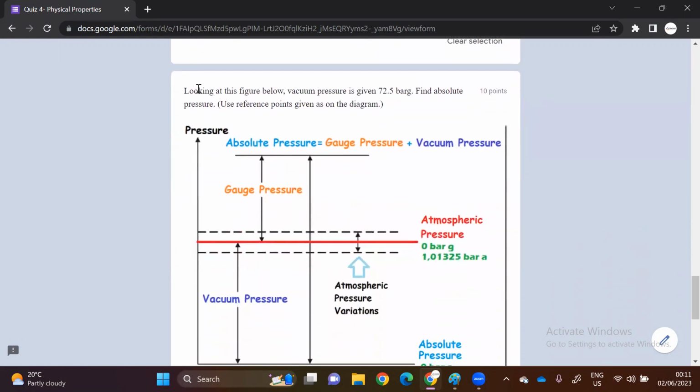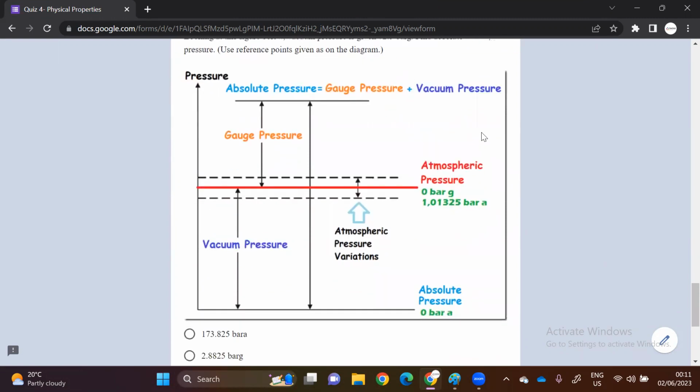So the next question: looking at this figure below, the vacuum pressure is given as 72.5 bar gauge. It should be kilopascal, if I'm not mistaken. Find the absolute pressure, using the reference points given on the diagram. You see this diagram. We said that atmospheric pressure is taken as 0 if you want to measure the gauge pressure.